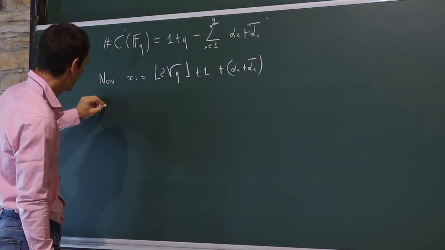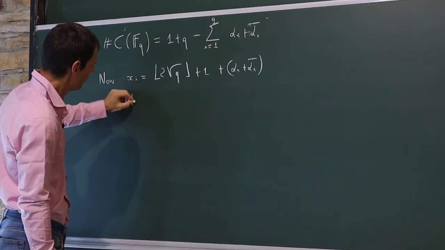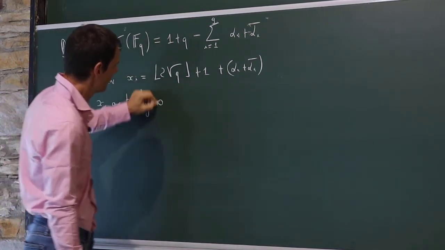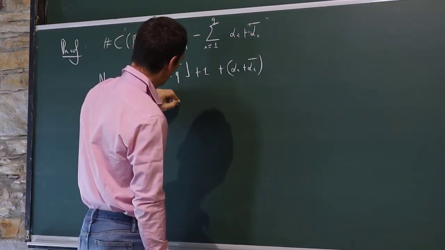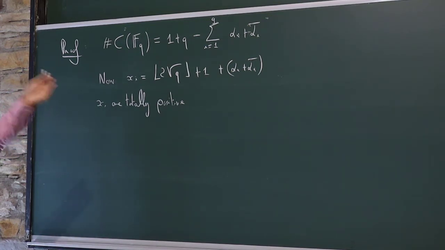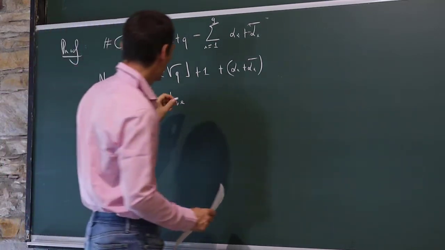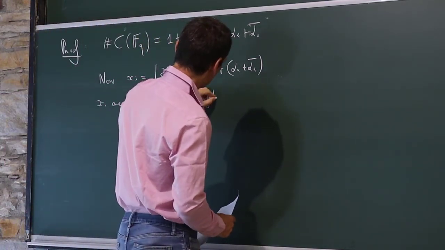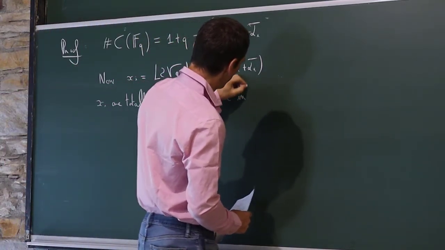So the x_i are totally positive algebraic numbers, but even better, one can easily see using the Weil polynomial, or the numerator of the zeta function, that they are actually totally positive algebraic integers.